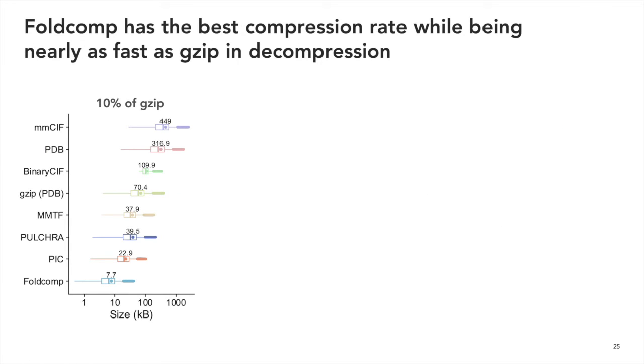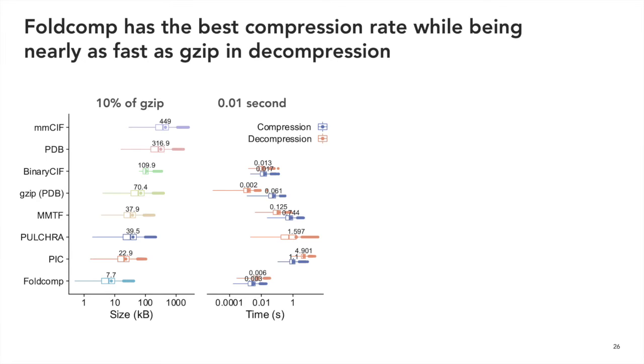We conducted a benchmark with the AlphaFold E. coli dataset, and Foldcomp has the best compression rate. As you can see here, the gzipped PDB takes about 70 kilobytes on average, but the Foldcomp binary FCZ file takes only 7.7 kilobytes on average, so it's about 10% of gzip.